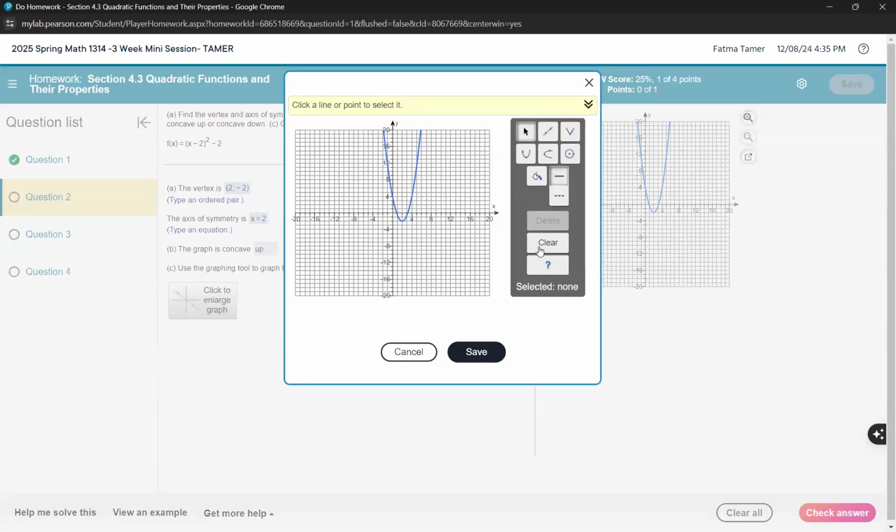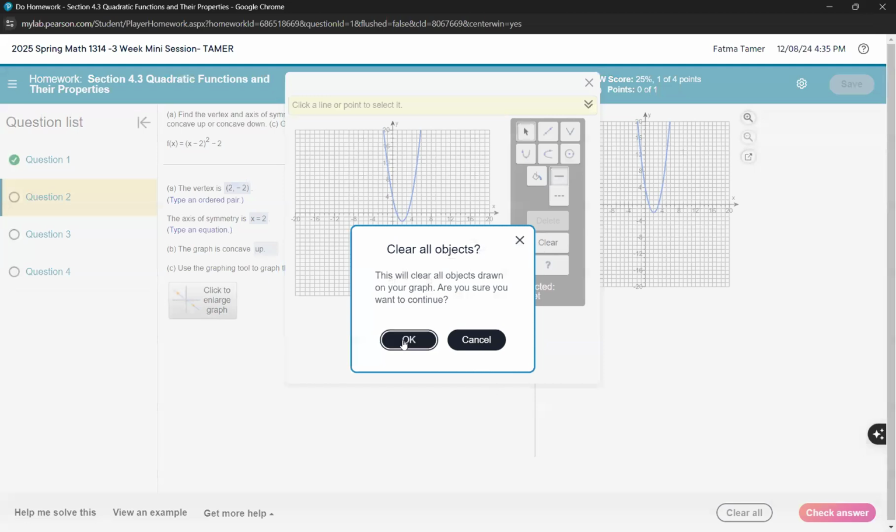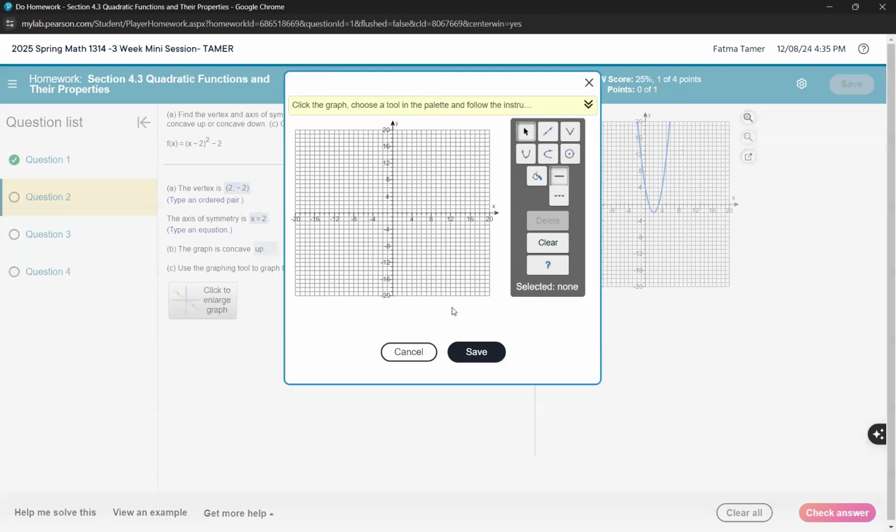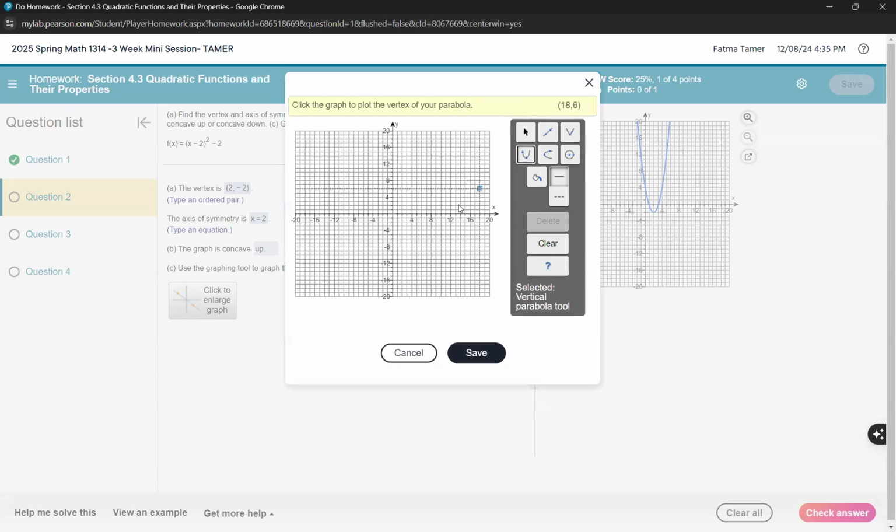So let's just clear this again. The vertex is (2, -2). So we're grabbing the parabola and then +2 and -2. That's where the vertex is. Now, in the main function, let's put in 4. If we plug in a 4 for x, 4 minus 2 is 2, 2 squared is 4, 4 minus 2 is 2.